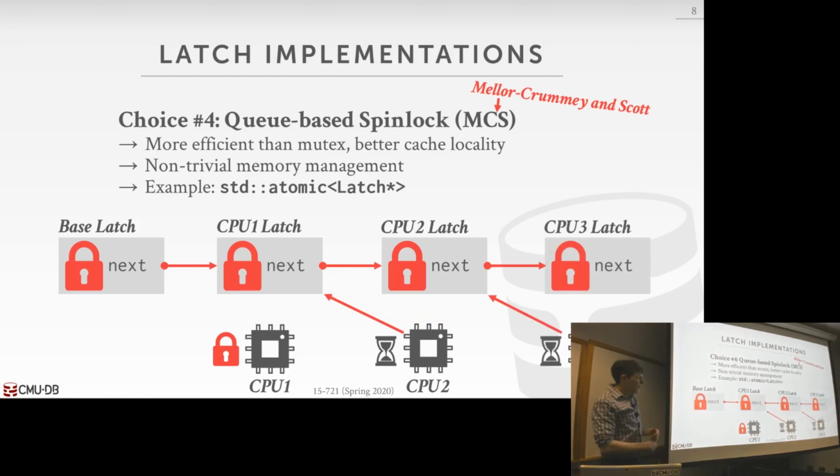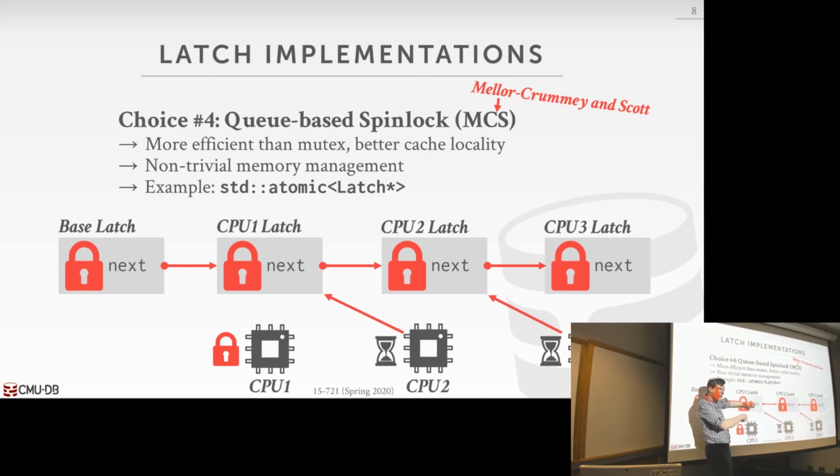Then what will happen is if this guy ends up releasing the latch, the next one would get notified that this thing got released, and then this guy could take the latch next. This is nice because this could be in one region of memory on one socket, and this could be in another region, and they're just potentially spinning locally, not going over to some remote memory location.